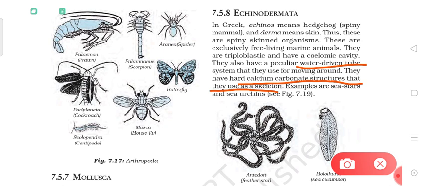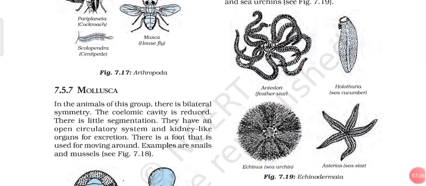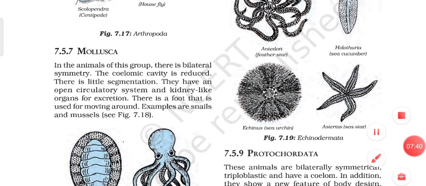The examples are sea star and sea urchin. Here you can see many examples: Antedon, Holothuria, Echinus and Asterias.